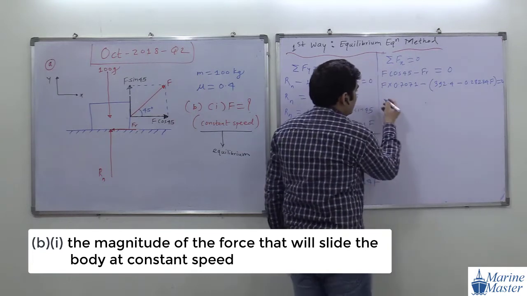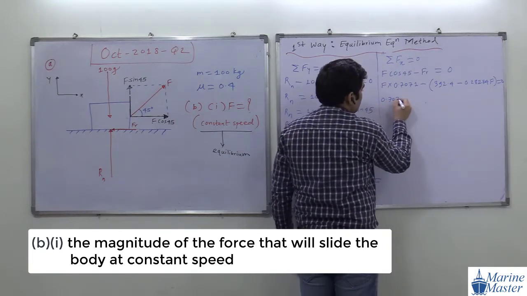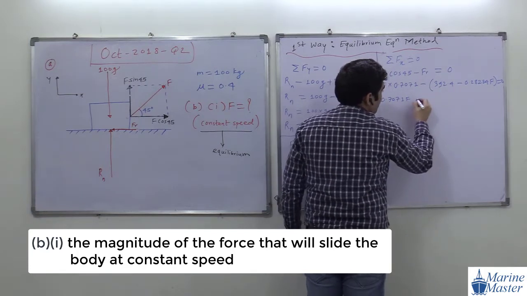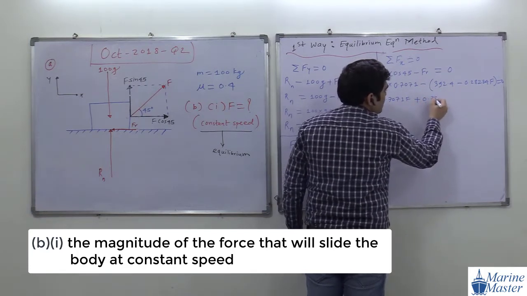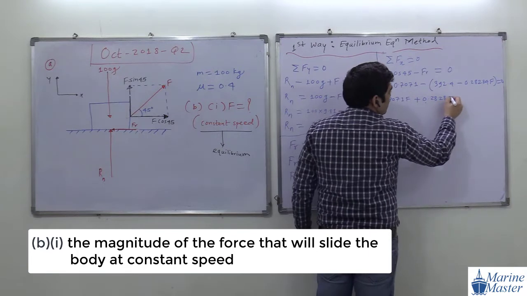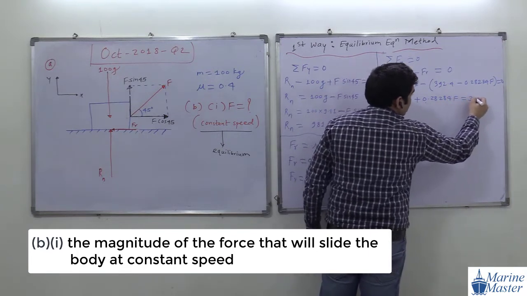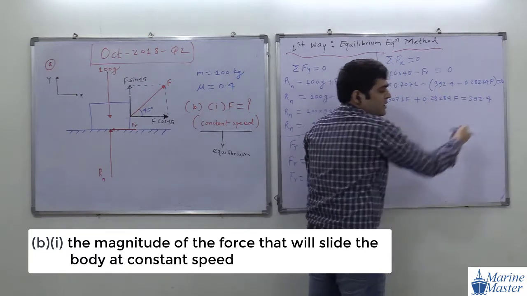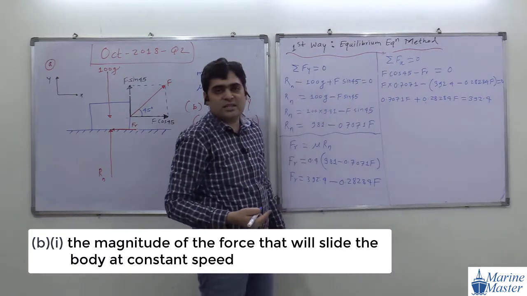So F side we will take 0.7071 F, minus this will become plus 0.28284 F. We will take 392.4 on this side. Okay, this will become minus and the minus will come to that side as plus. Any doubt in this expression?